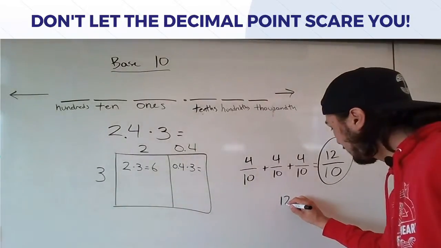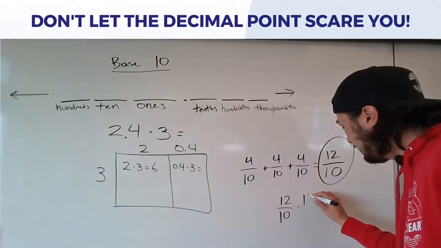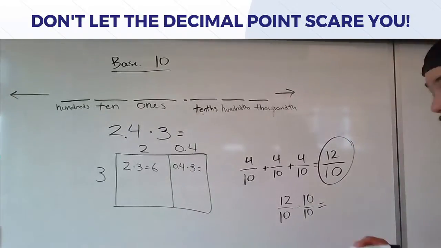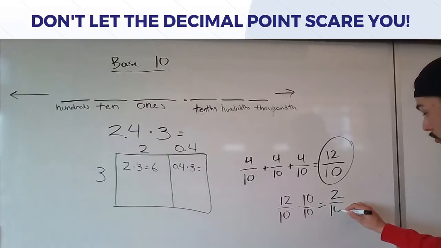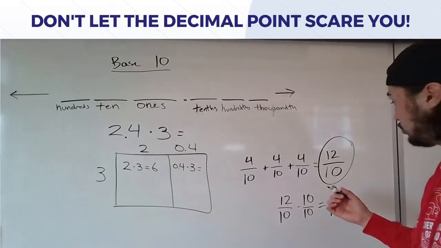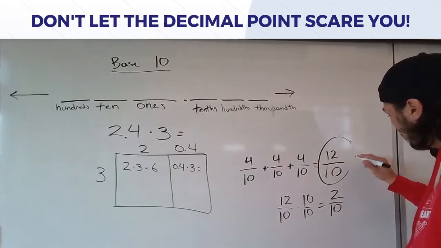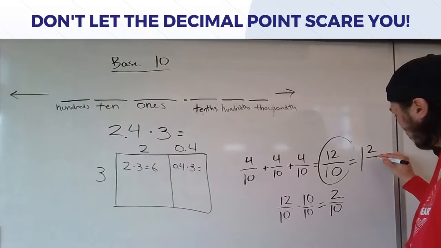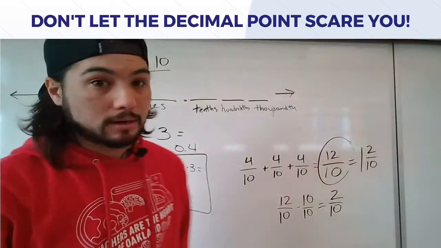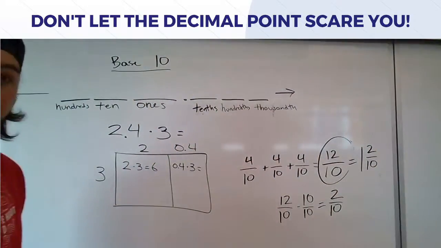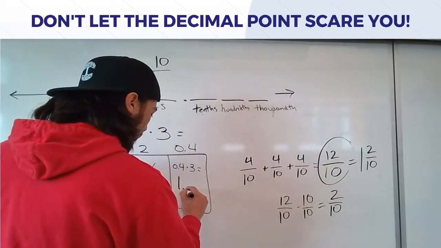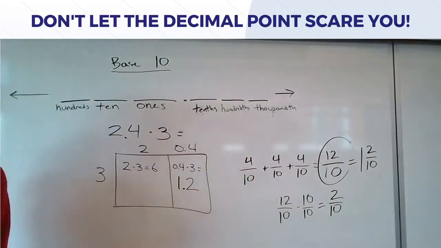If we do 12 tenths minus 10 tenths, because 10 tenths, as we know, equals 1, we're left with 2 tenths. So this 12 tenths is in essence 1 and 2 tenths, by converting that improper fraction to a mixed number. And we can write 1 and 2 tenths as a decimal, right? We have 1 whole, put our decimal point there, and 2 tenths.